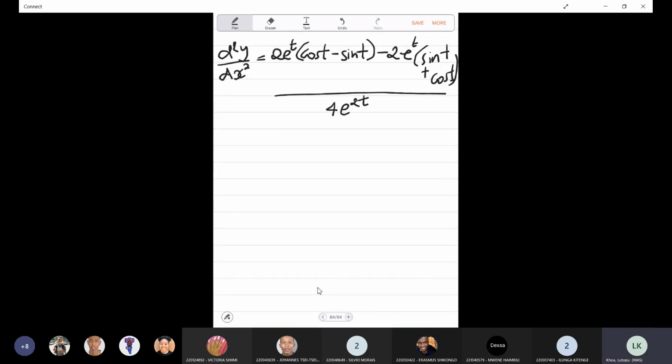Then in the numerator, you can factor out the 2e to the power of t, and cancel whatever can cancel.